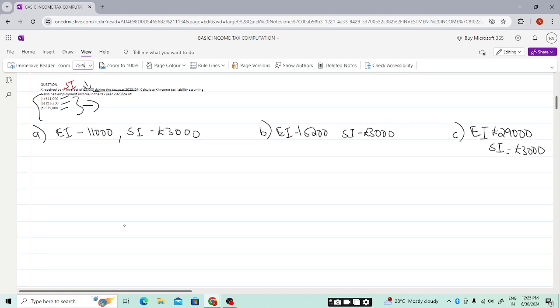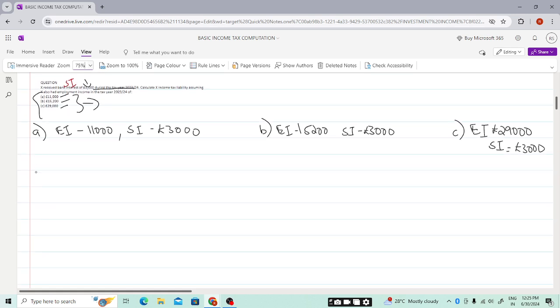We use the same format we followed in the calculation of non-saving income: non-saving income, saving income and dividend income. Non-saving income is employment income, which is 11,000. Saving income is 3,000 pounds. Dividend income is 0.